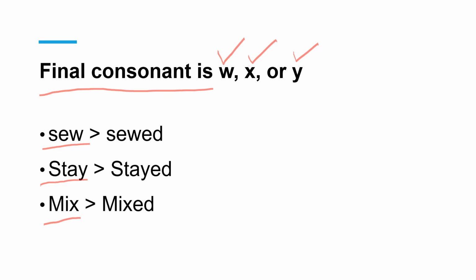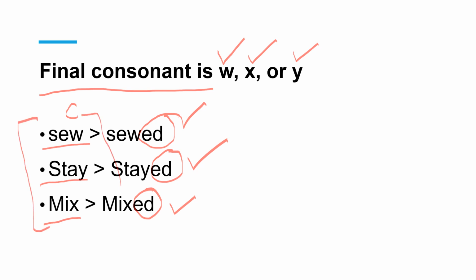We do not double the final consonant. We simply add ed in all cases. Sewed, stayed, mixed, by simply adding ed at the end of the base form of all these verbs.